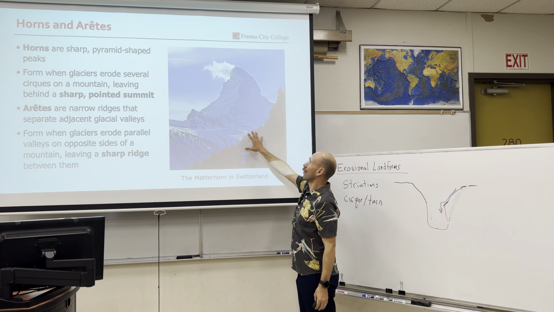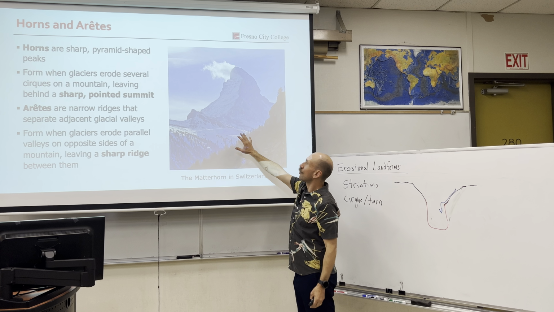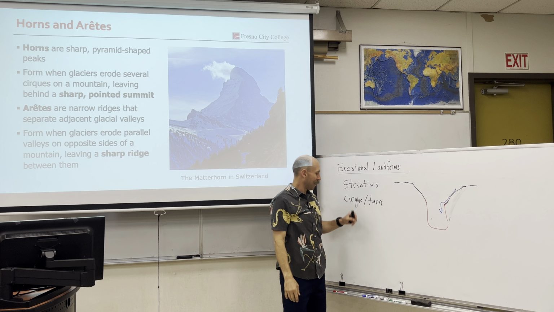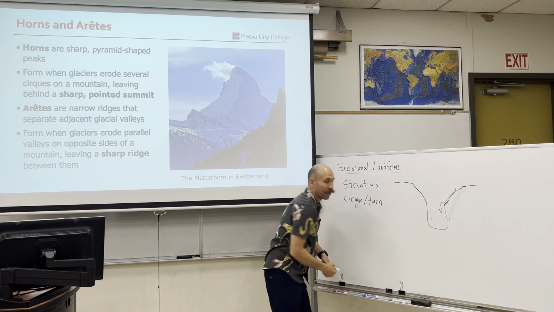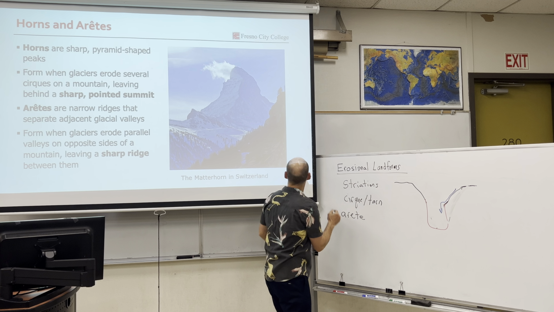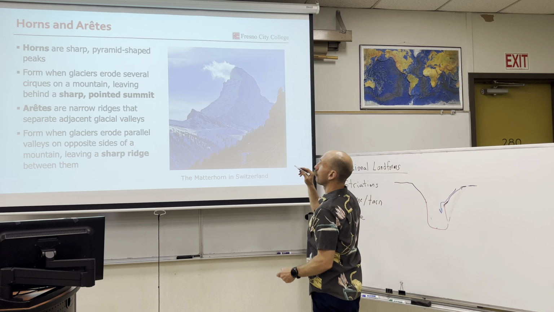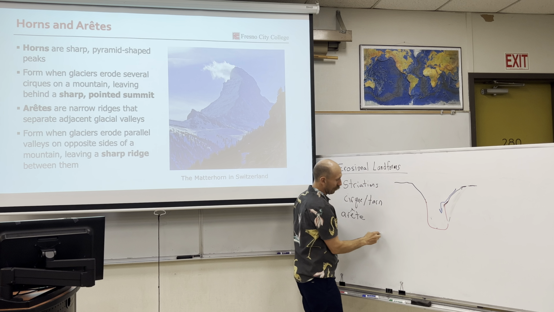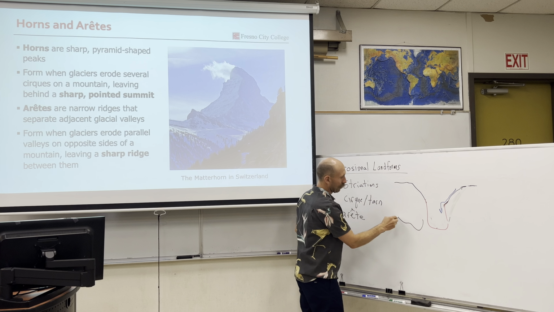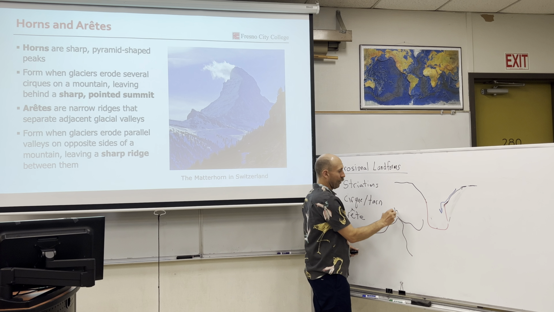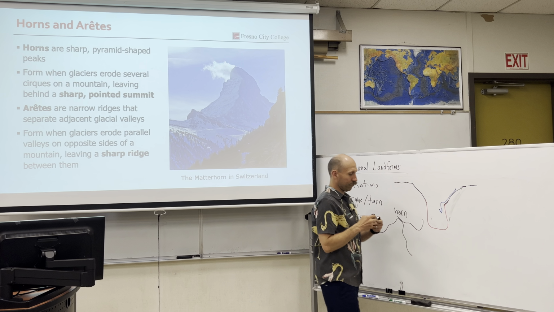The Matterhorn, Switzerland. This is where ridges connecting glacial valleys, these ridges are called arêtes. Let's see, there's a point in it, yep, it's right here. Where three arêtes, three ridges, that's 3D, come together and form a horn.